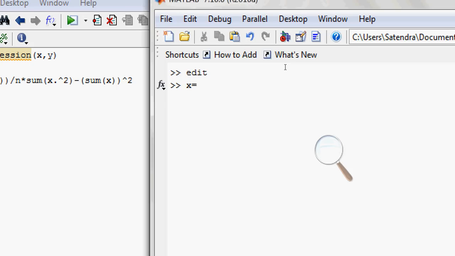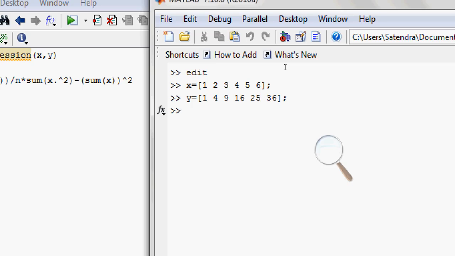I have a value of x equal to a matrix of 1, 2, 3, 4, 5 and 6. Now corresponding to x, I have the observations of y: 1, 4, 9, 16, 25 and 36. So this will give me a parabolic equation.